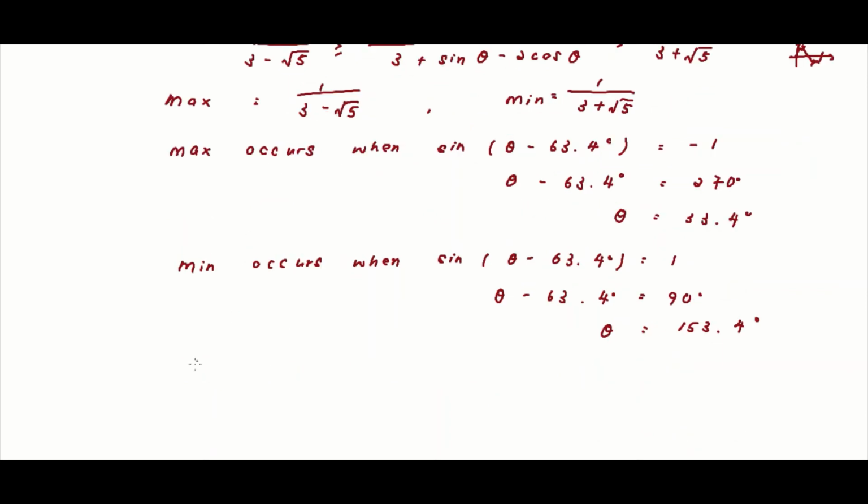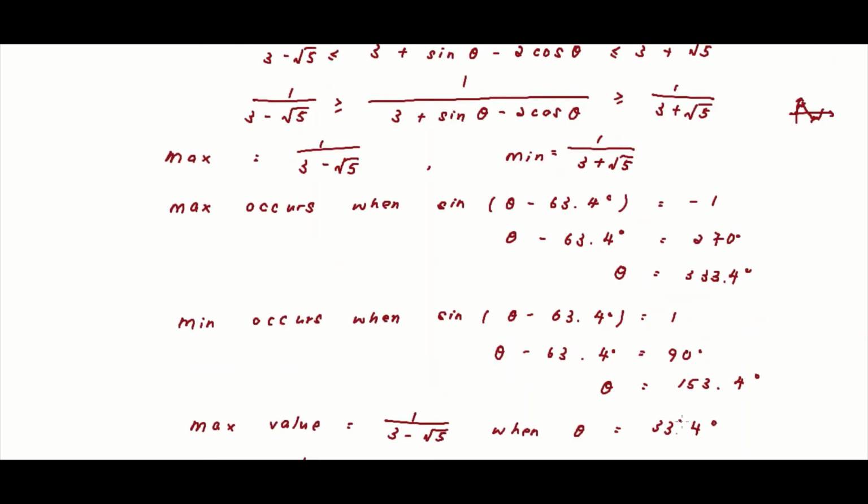Okay, so maximum value equals 1 over 3 minus square root 5 when theta equals 33.4. Okay, sorry, so this should be 333.4 as well.